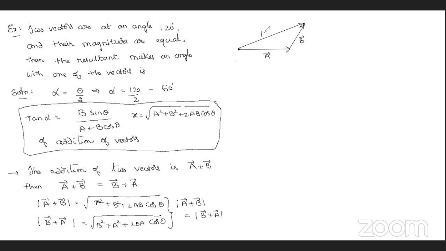This is A bar plus B bar, having some magnitude, and with A bar this is alpha. So it is a direction. Tan alpha is equal to B sin theta by A plus B cos theta. Now it is time for you all: how to find the direction of B bar plus A bar?